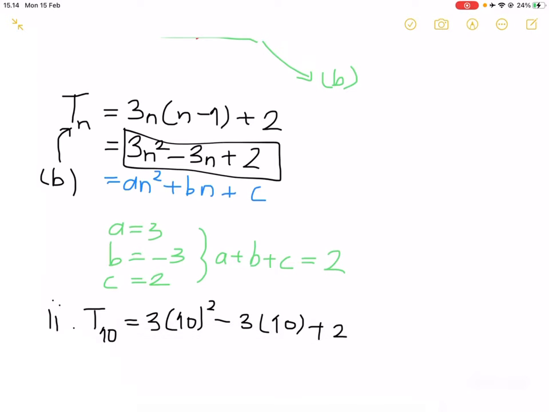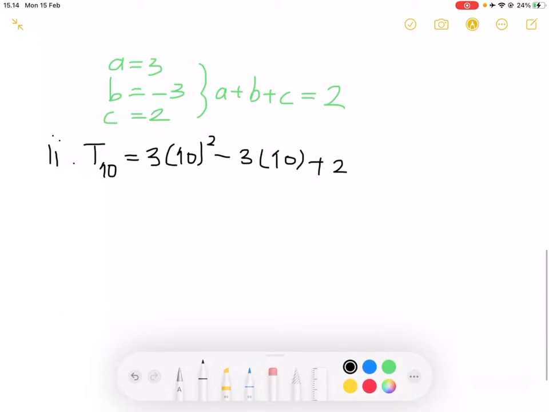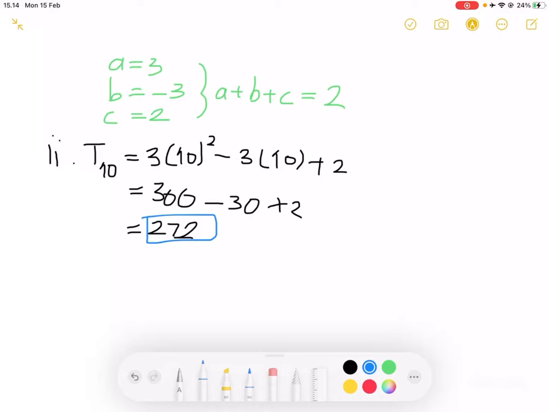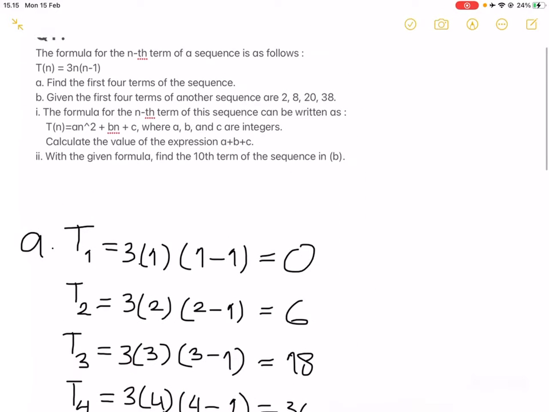And then let's see what we have. So we have 300 minus 30 plus 2, which will be 272 overall. So this is our final answer for part 2 of part B. And that finishes the question.